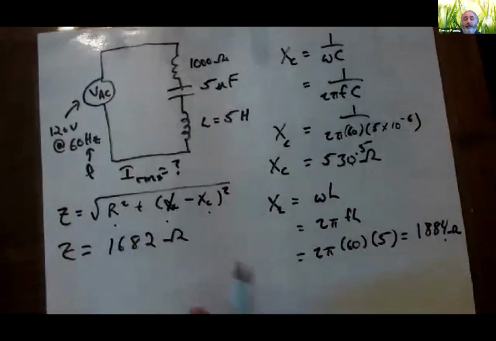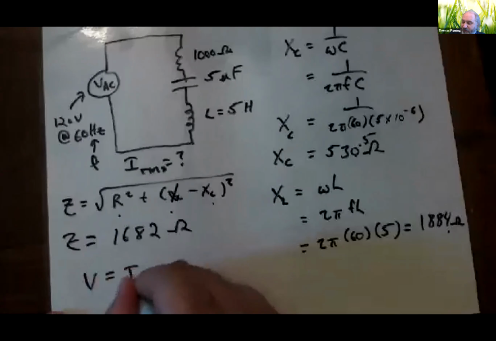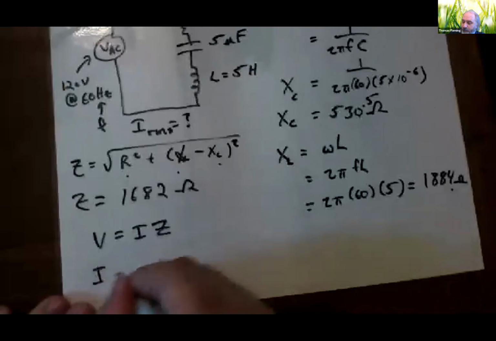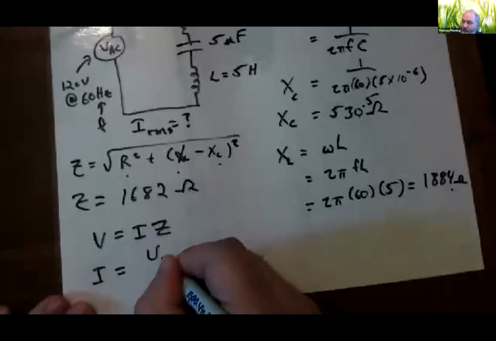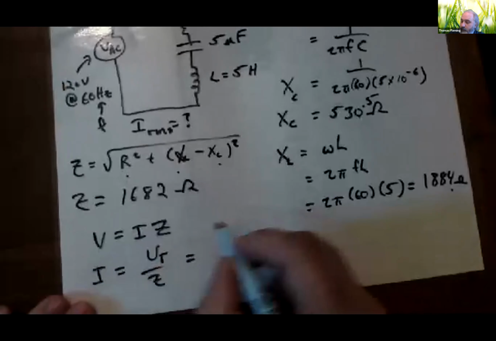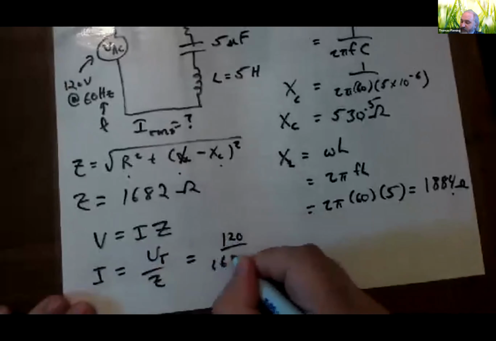1,682 ohms. And since I know that V equals I times not R, but Z, my current is going to equal my V total over Z, which is 120 volts RMS divided by 1682.